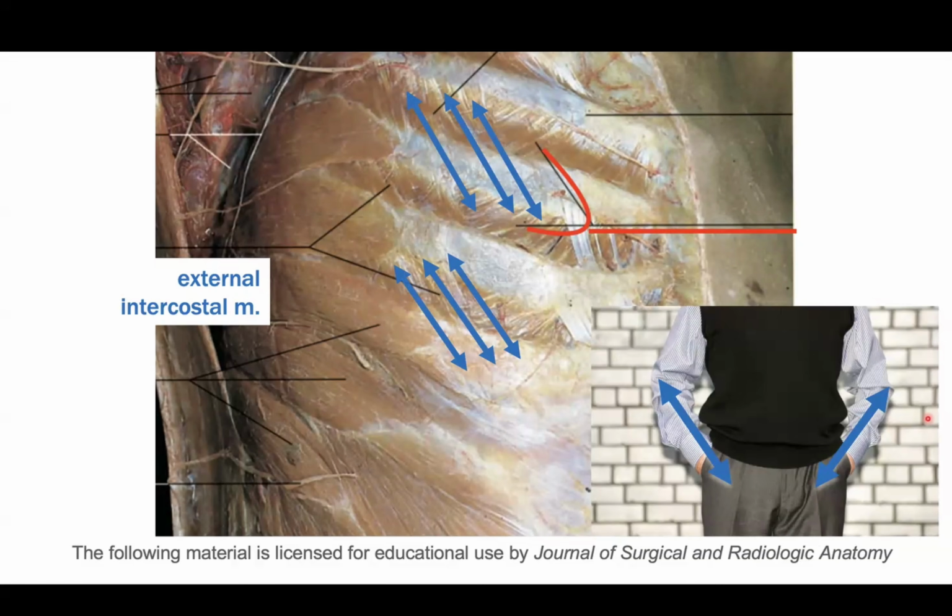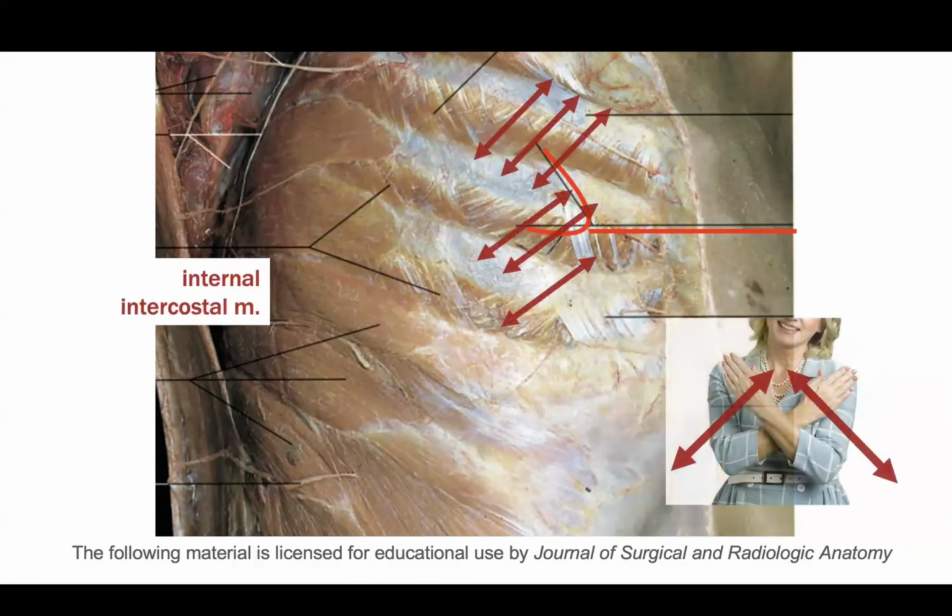It's kind of like putting your hands into your pockets. If you see muscle fibers that follow that direction, those are external intercostals. For your internal intercostals, you're gonna think up and in. So it's kind of like crossing your hands over your arms. If there's muscle fibers that go up and in, they're probably internal intercostals.